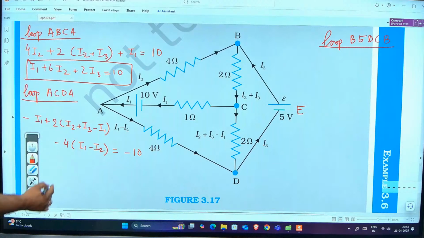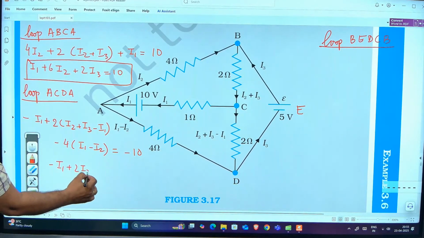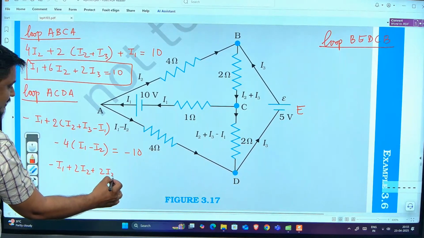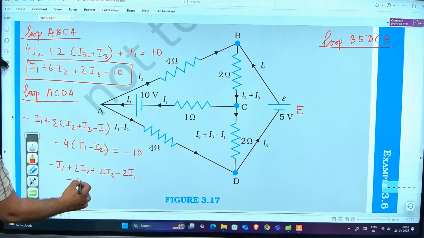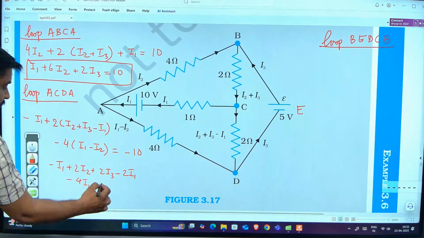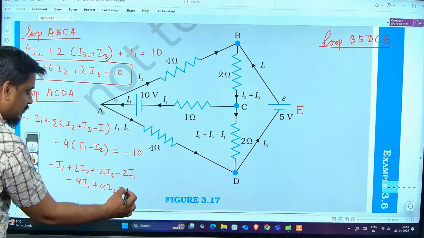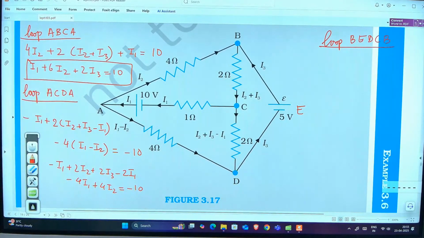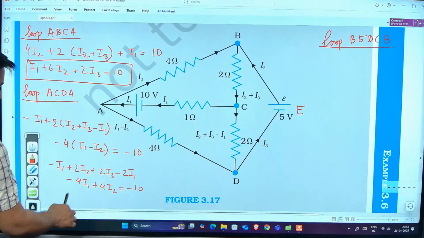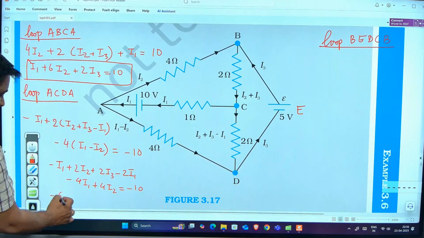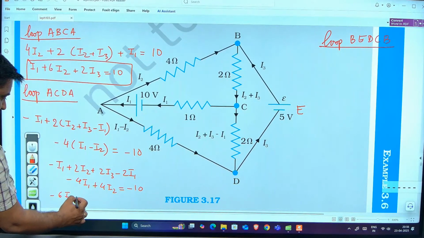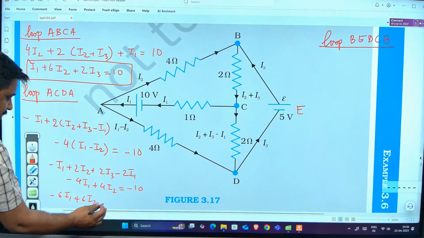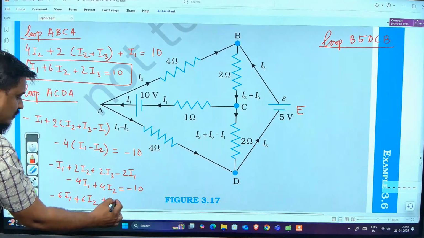If I solve it further, negative I1 plus 2I2 plus 2I3 minus 2I1 minus 4I1 plus 4I2 is equal to minus 10. I1 I am getting as minus 6 I1. I2 I am getting as plus 6 I2, and I3 I am getting as plus 2 I3.